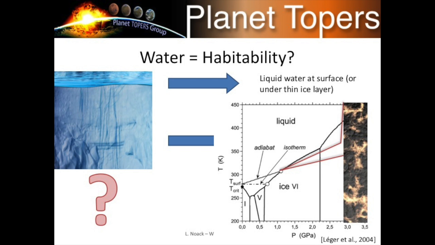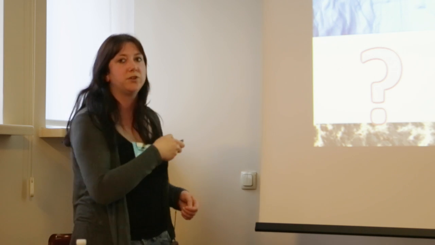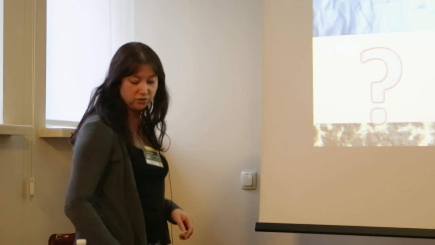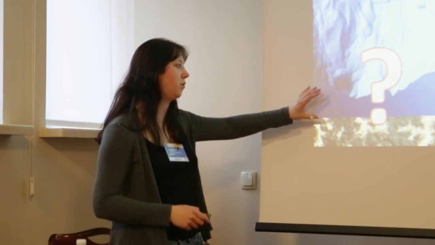So the temperature increases, and at some point it can happen that you melt the high pressure ice layer from the bottom, which would then lead to a possibly habitable region, because then you have liquid water and you have the interaction with the silicate part.